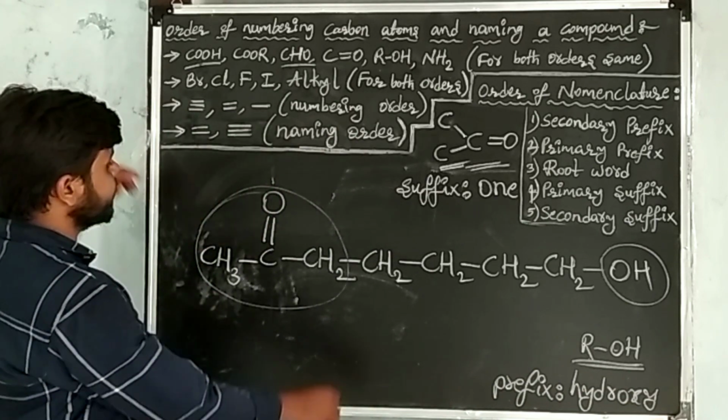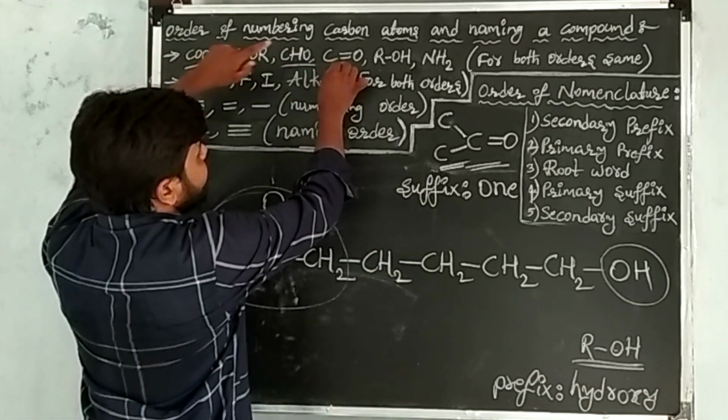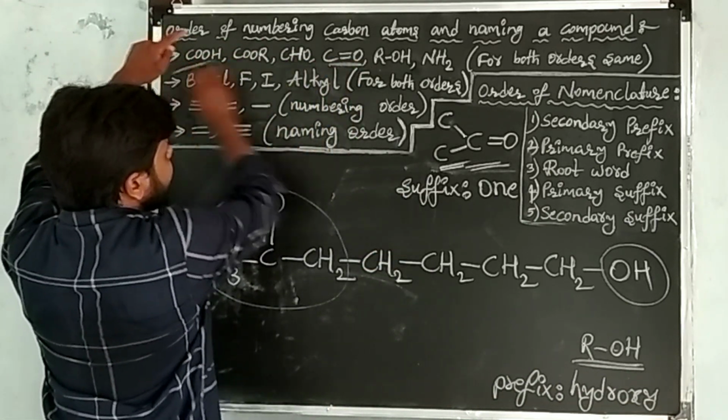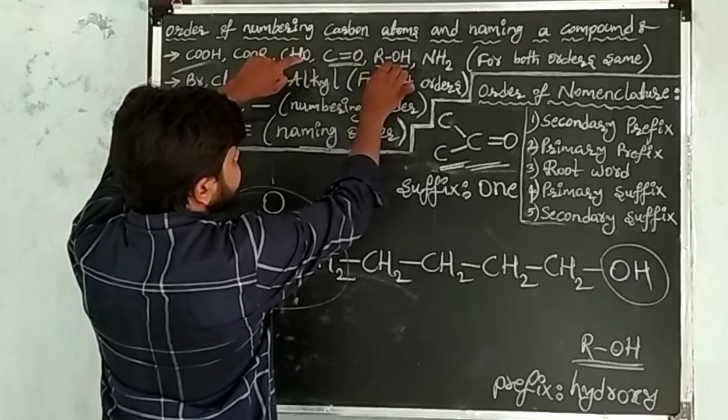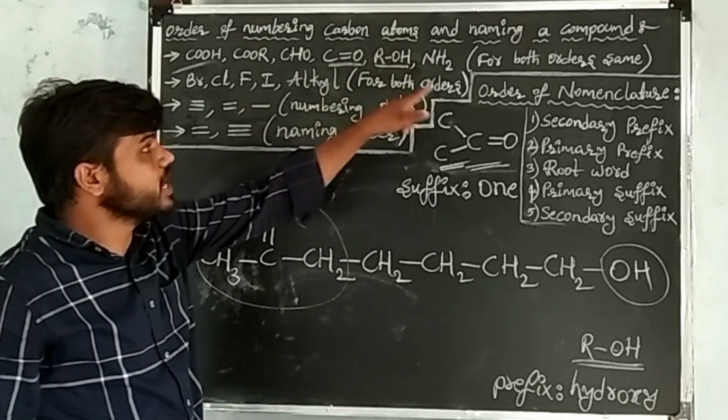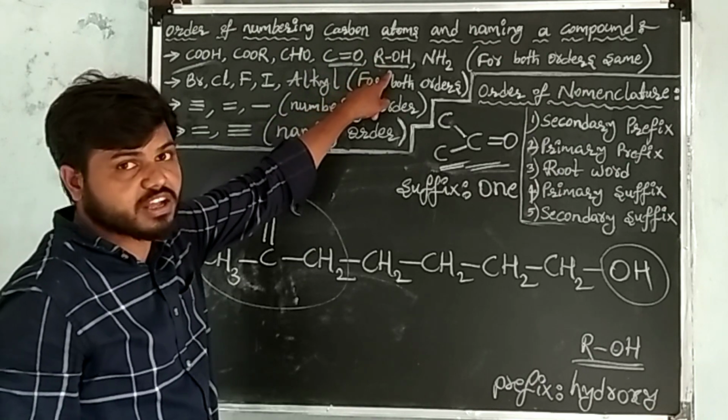Now see the priority. This is ketone and this is alcohol. From ketone and alcohol, give the priority to ketone, then alcohol.